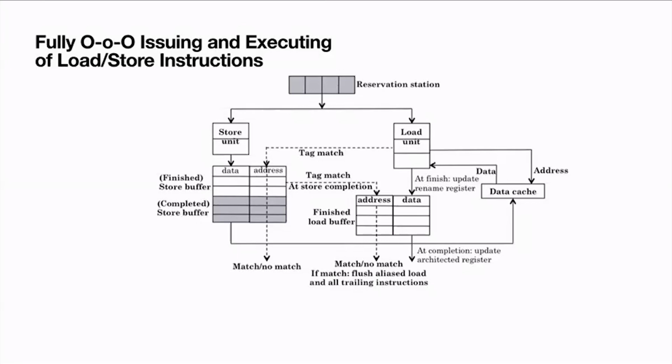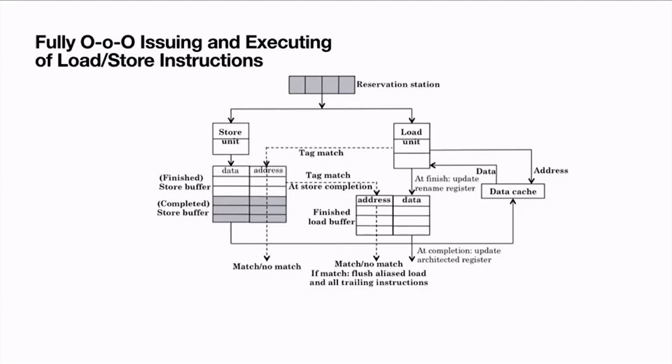If there is a match, we are going to supply the data directly from the store buffer. But if it is not matched there, then we go ahead with the data cache access.